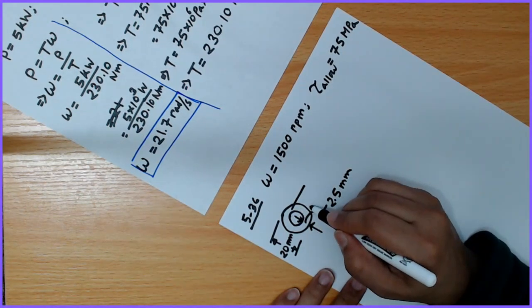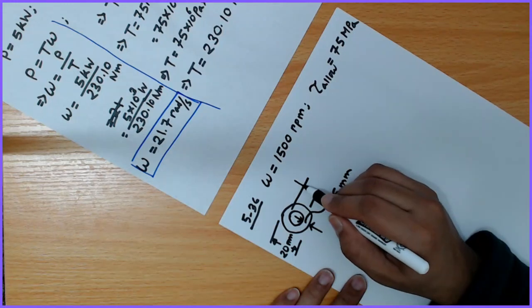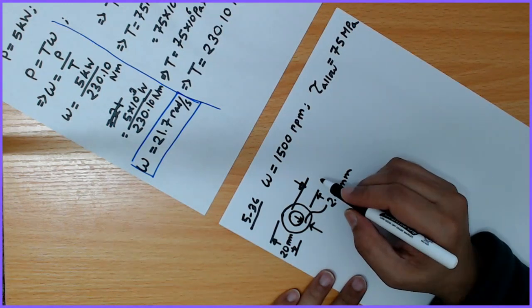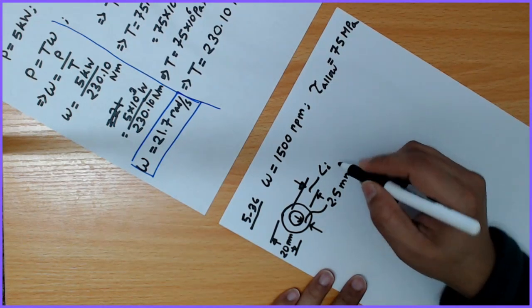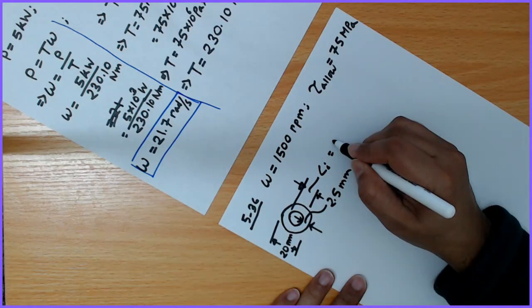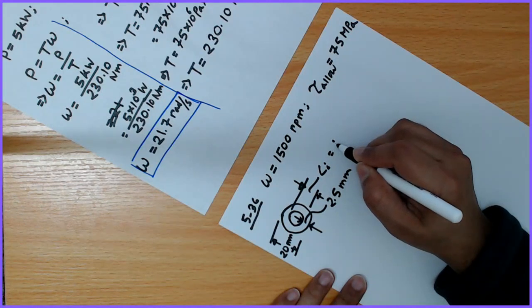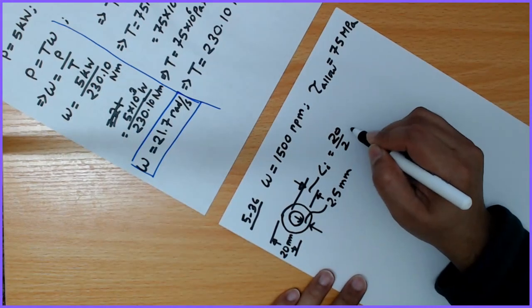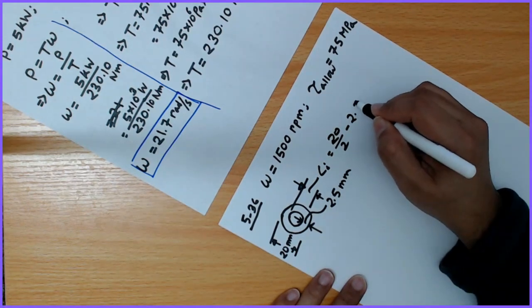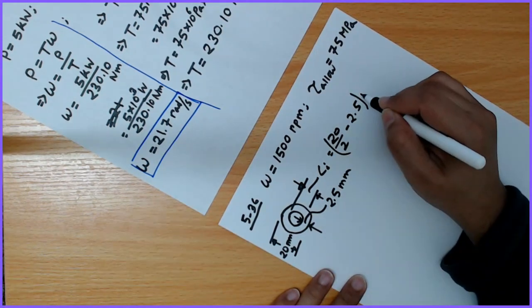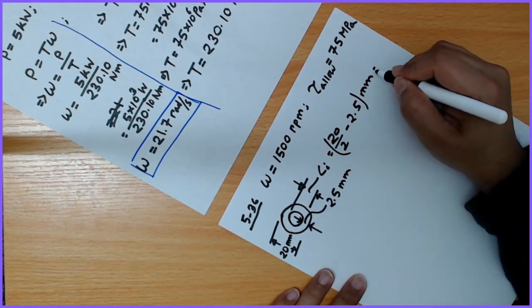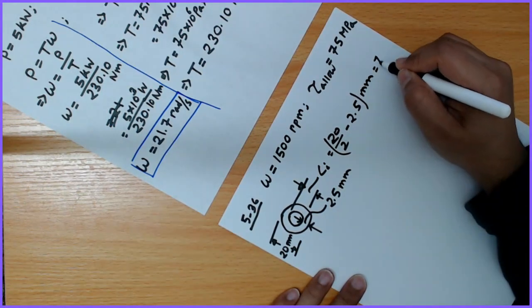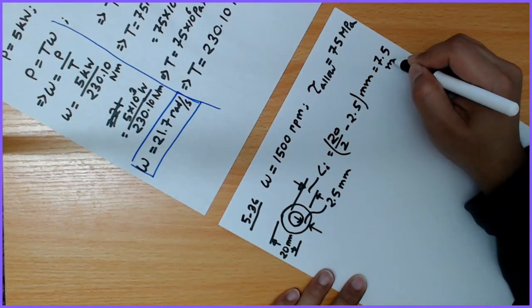That says the inside diameter of the shaft, CI, is 20 by 2 minus 2.5 millimeter. That means 7.5 millimeter.